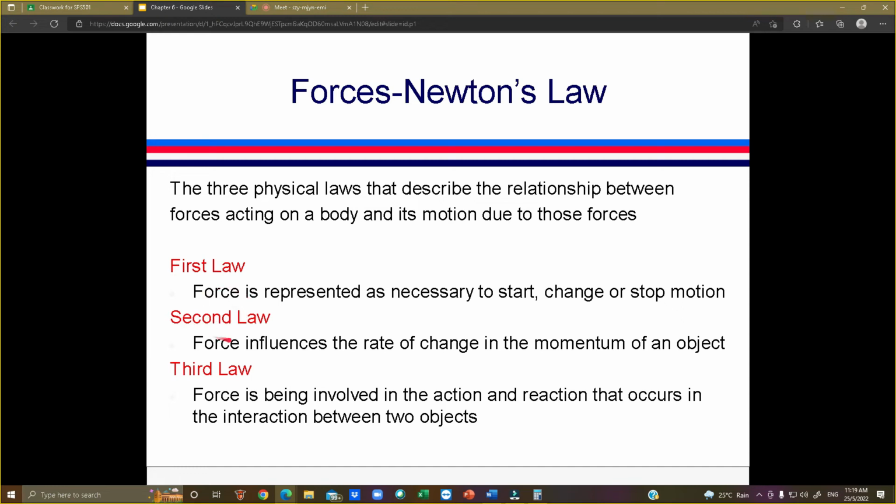So the second law describes the kind of movement that you may have based on the acceleration. The acceleration of the movement is proportional to the amount of force in the direction of the force being applied, and inversely proportional to the mass of the object.